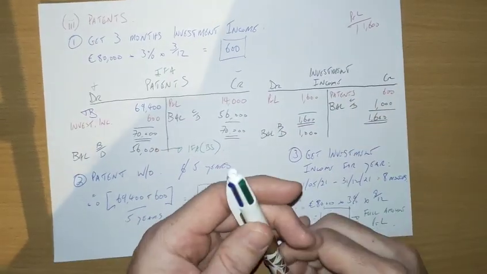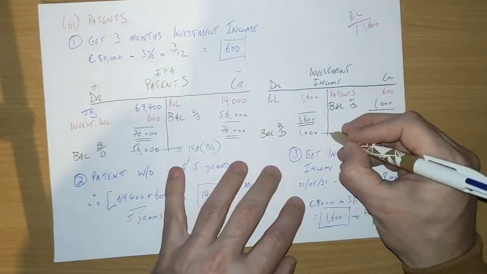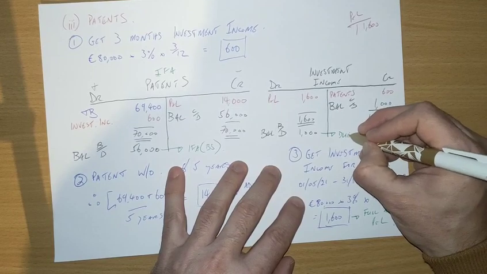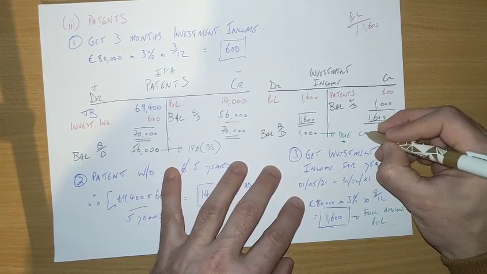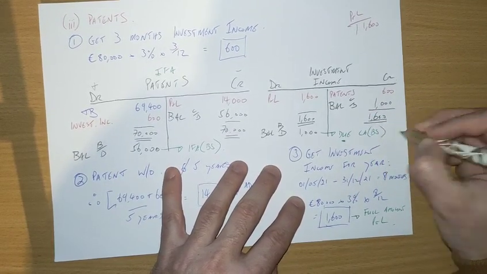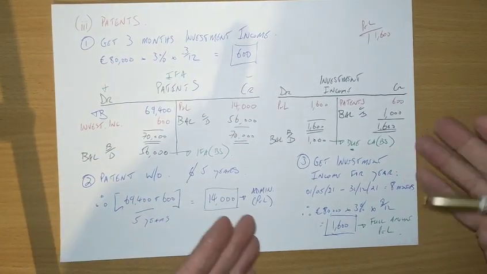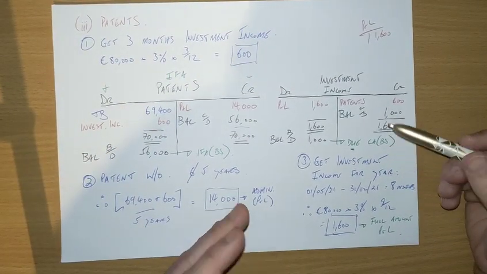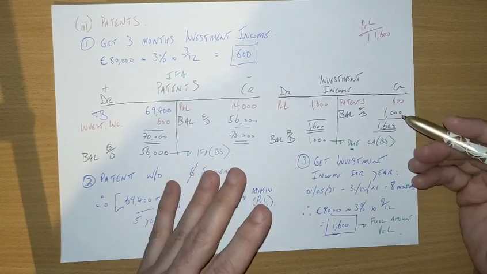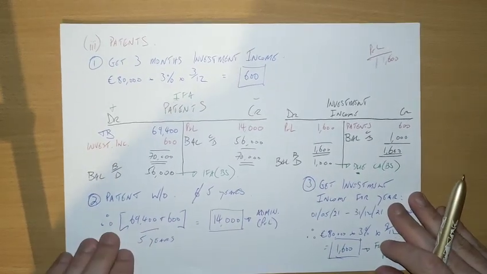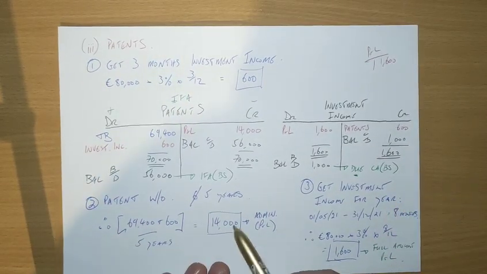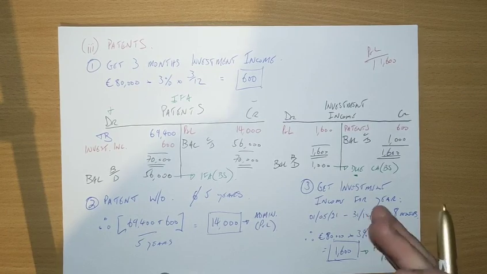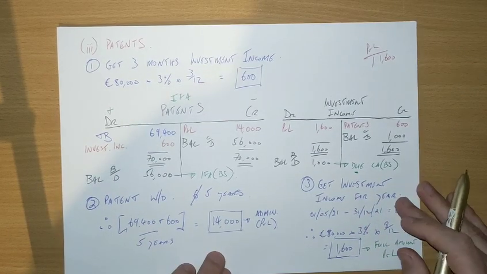And now what you have there is investment income that's due, and that's a current asset in the balance sheet. So with one little working, you're getting profit and loss figures and balance sheet figures. But there's your complete working for patents, the write-off, and the investment income due as well.